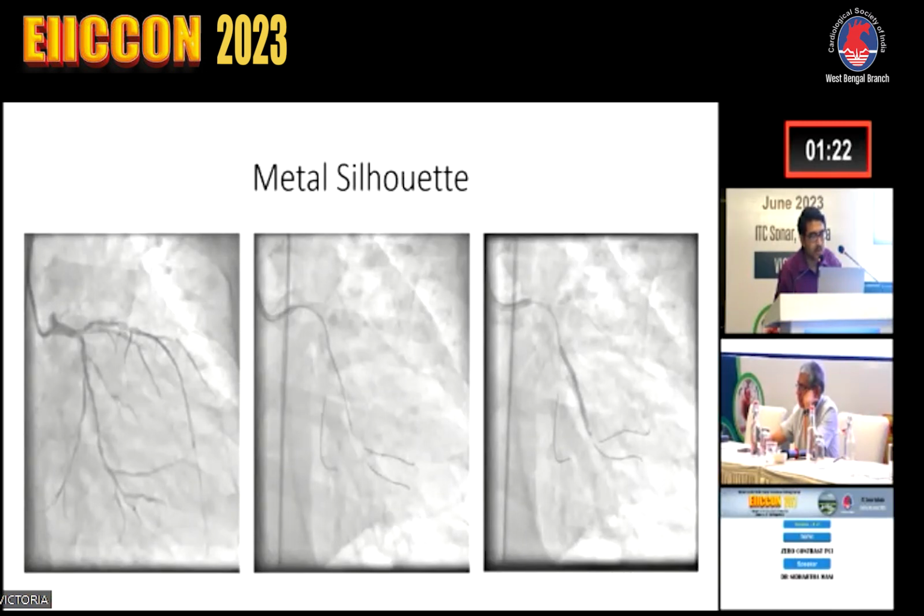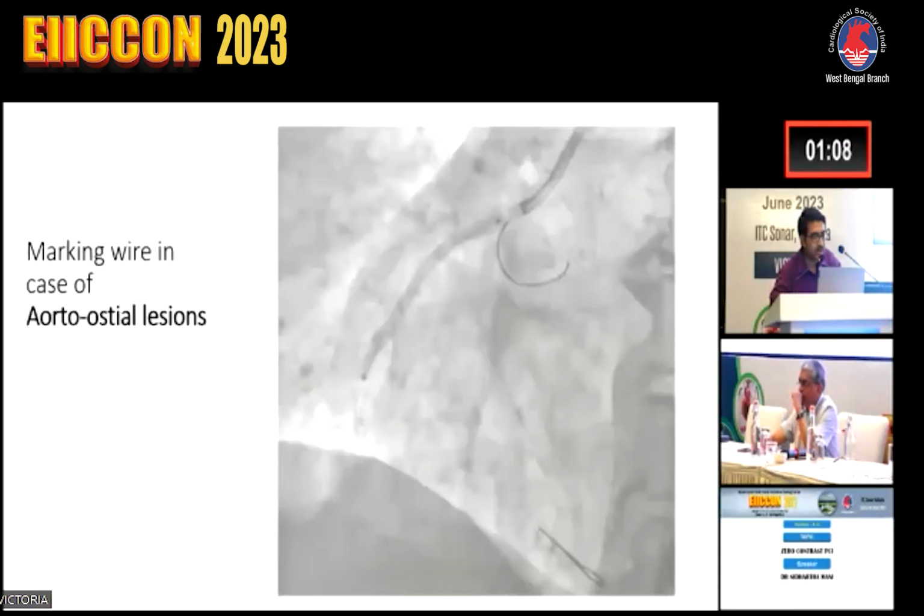So if you are going to stent the mid segment, you can easily place your stent from the proximal wire to the distal wire, and that will be quite ensuring to cover the stent.